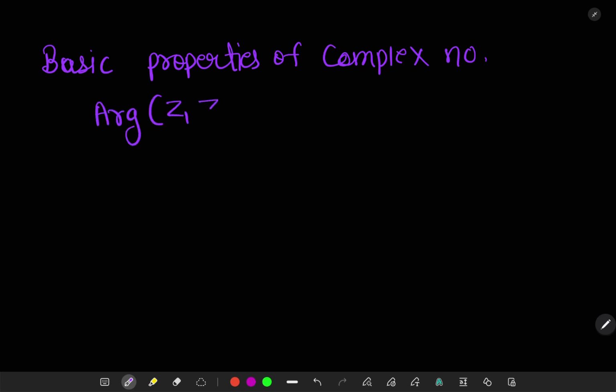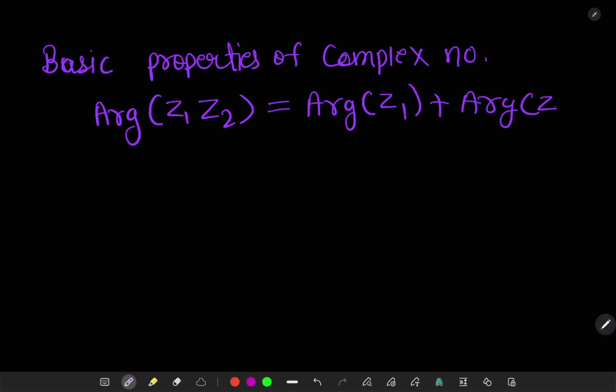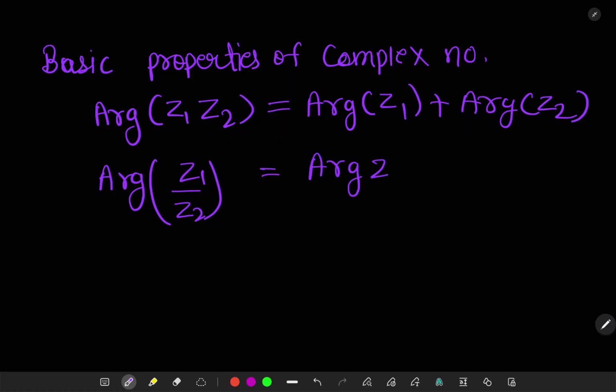Argument of z1 z2 equals argument z1 plus argument z2. Here argument of z1 by z2 equals argument z1 minus argument of z2.